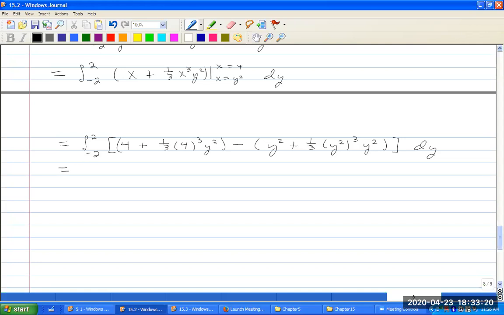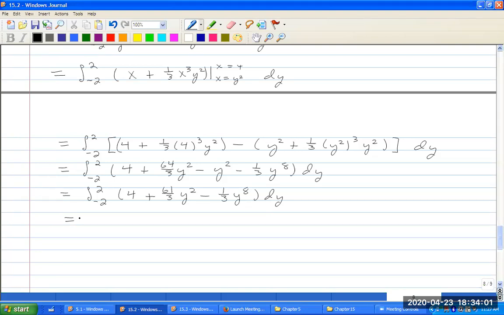So this is equal to the integral from -2 to 2 of 4 plus 64 over 3 y squared minus y squared. Those will combine, minus 1/3 y to the 8, dy. So this is the integral from -2 to 2 of 4 plus 61 over 3 y squared minus 1/3 y to the 8 dy.